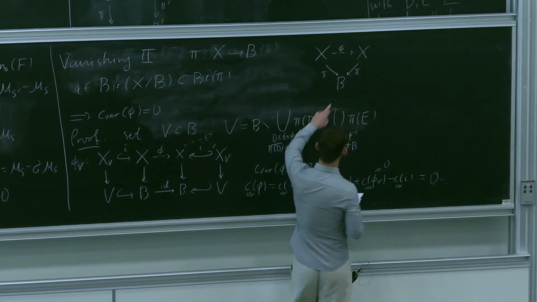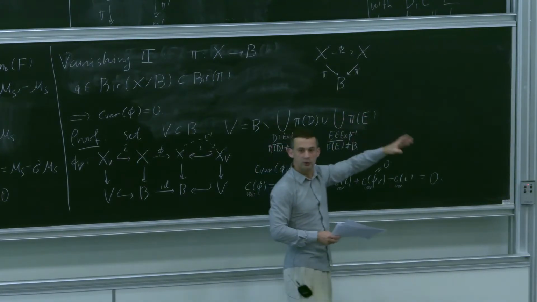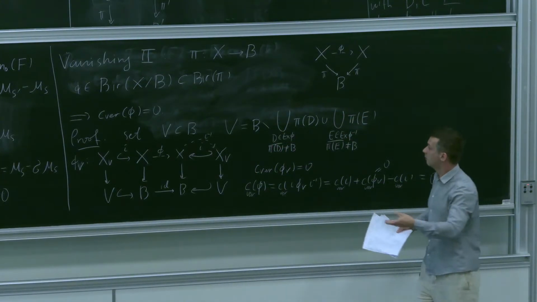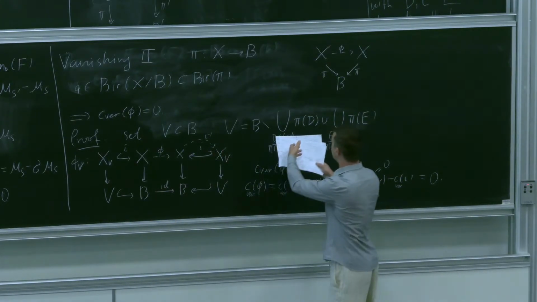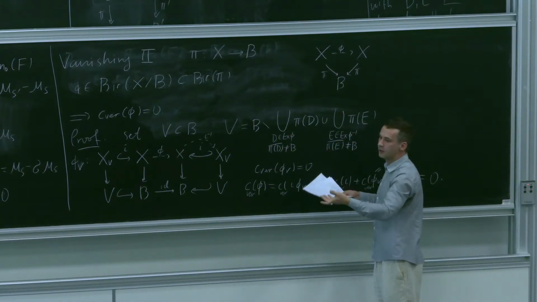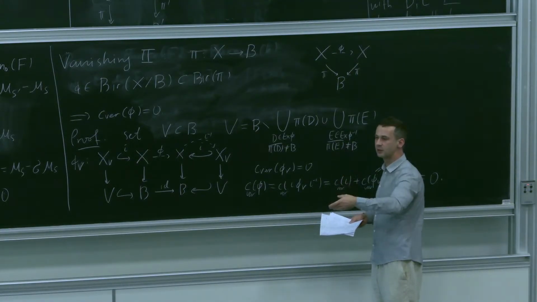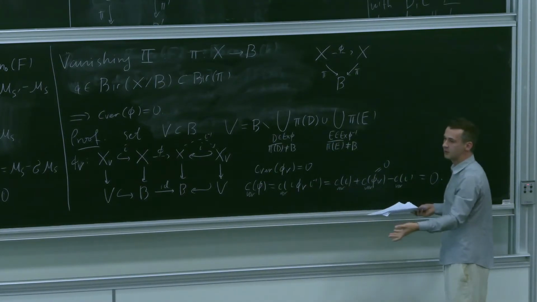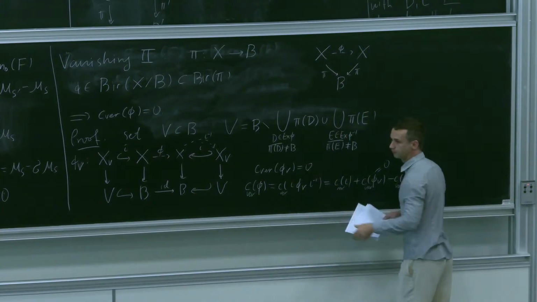Because they were fixing the base. If they were changing the base, we couldn't. If this map was of infinite order, for example, and we would try to remove all these contributions, there's no such open set, basically, right? Because we have to look at all iterates, and we cannot just remove them. They may still be there. But if it's the same base, we can remove them, and that's it.